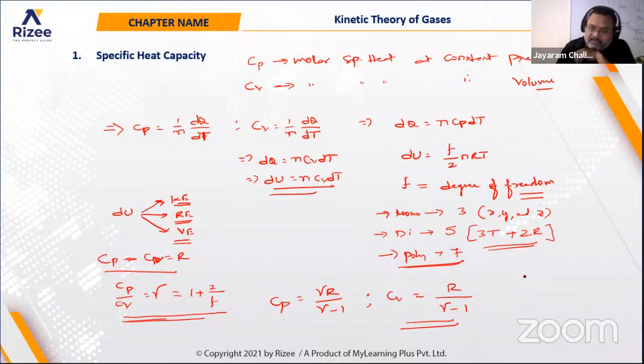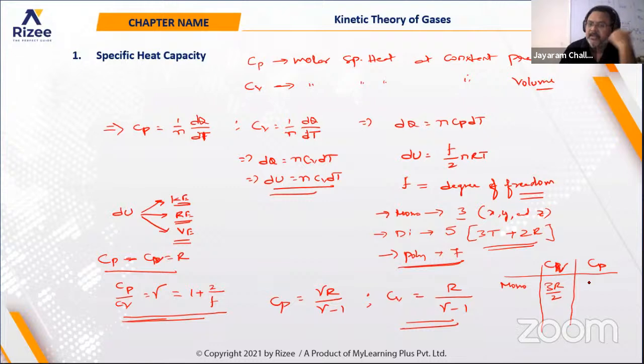Now the Cp and Cv values for monoatomic, diatomic and polyatomic gases. First, the Cv: for a monoatomic gas, the Cv is 3R by 2, and the Cp is 5R by 2.